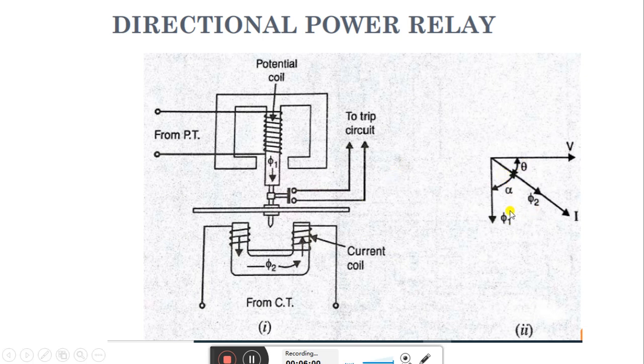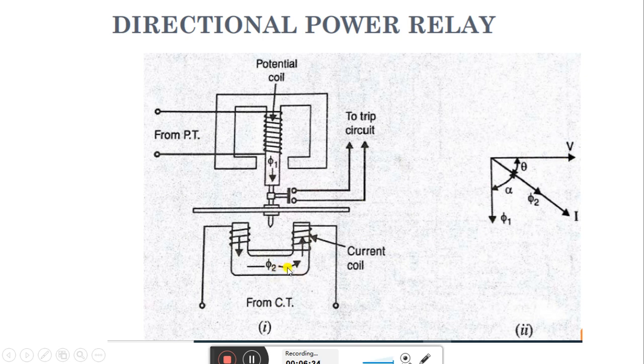This is the vector diagram of this circuit. We have applied a voltage V, and a current I flowing in both coils. Now, what is phi 1? Phi 1 is produced by the upper potential coil, which is fed from the potential transformer, and it lags the applied voltage by 90 degrees. And what about phi 2?